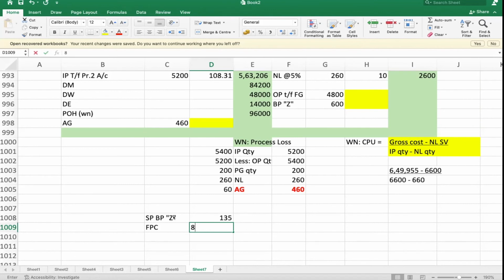So further processing cost is 85 only. Am I right? Yes, further processing cost 85.